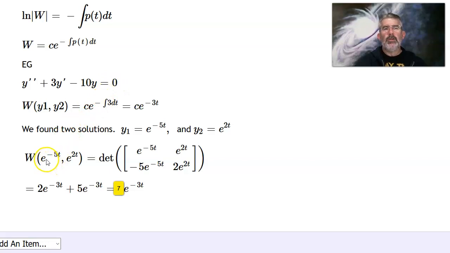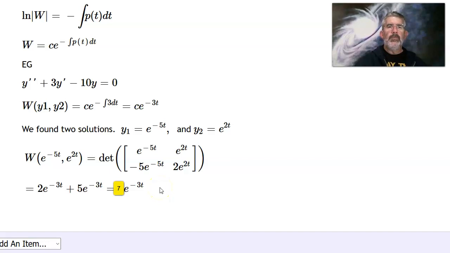So if I used e to the minus 5t and let's say 7e to the 2t, there would be an extra factor of 7 in both of these, and the answer would just be 49e to the minus 3t. So the constant out front changed because I chose a different pair, but still, it's just a constant times e to the minus 3t, either way you look at it.